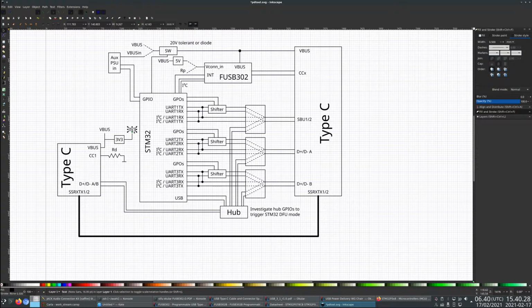And then, yeah, there's implied 3.3 volt supplies for everything. Cool. So I could take VCon from the UFP. I can't, because there's a cable in the way, and the cable is not going to pass through VCon, because cables don't do that.